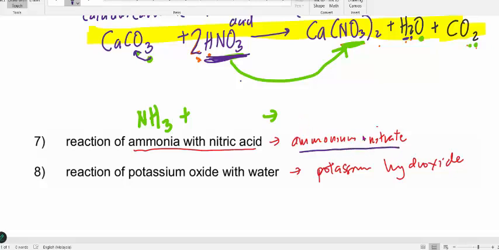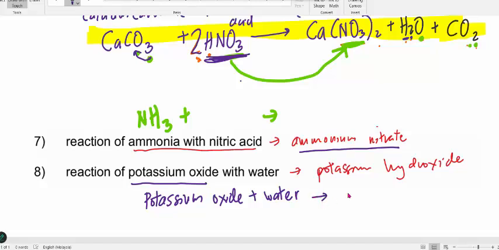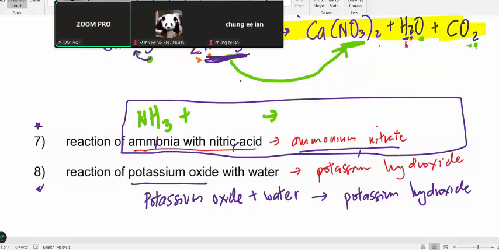You need to figure out what ammonium nitrate is. And then potassium oxide, you must make sure what it is, plus water becomes potassium hydroxide. Okay, try and do this, these two, this 7 and this 8. Write down the full balanced equation.